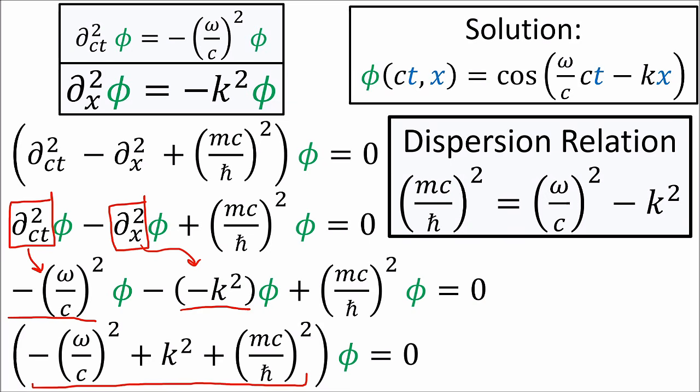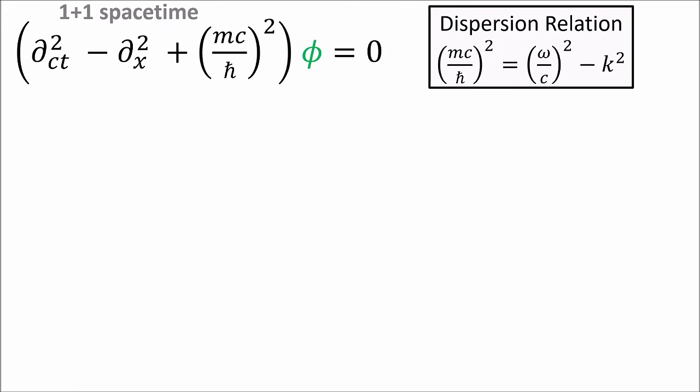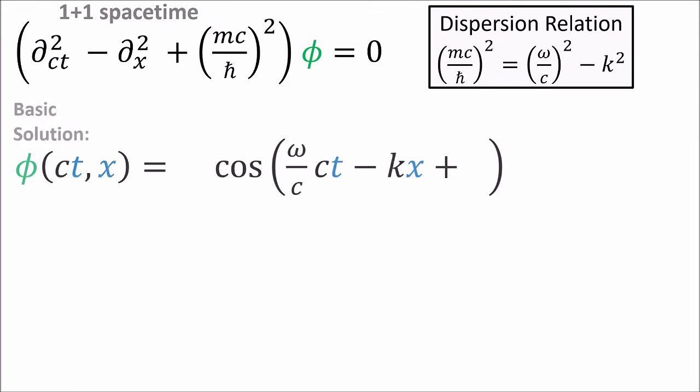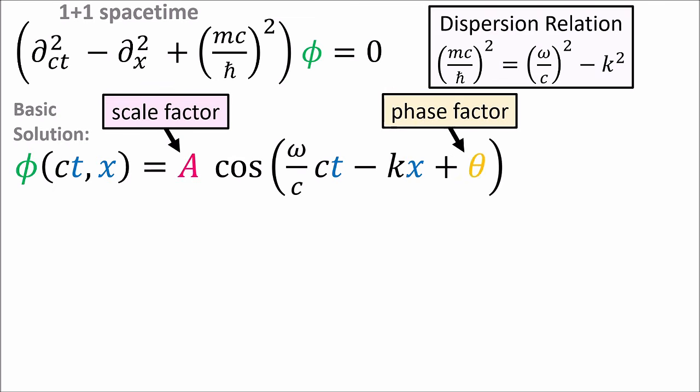So to solve the Klein-Gordon equation, we can pick any cosine wave with any frequency or wave number, as long as they obey this dispersion relation. It's also worth noting that if we take this basic cosine solution and include a scale factor a and a phase factor theta, this is still a solution to the Klein-Gordon equation, because the scale and phase factors don't impact the differential equation.